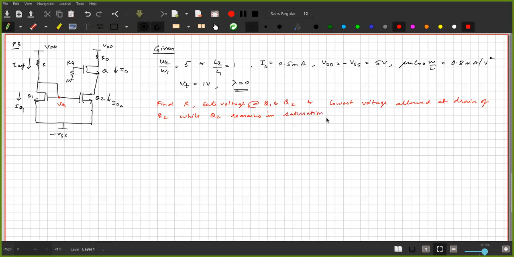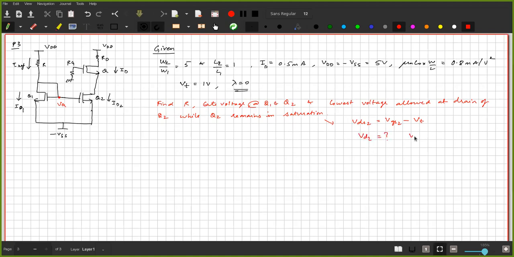Okay, so the last part is actually simple. It is asking this condition: VDS2 is equal to VGS2 minus VT, right? So he's actually asking you what is VD2.